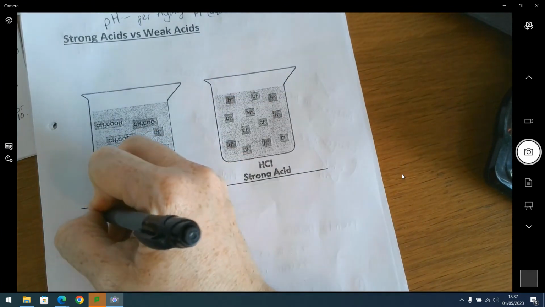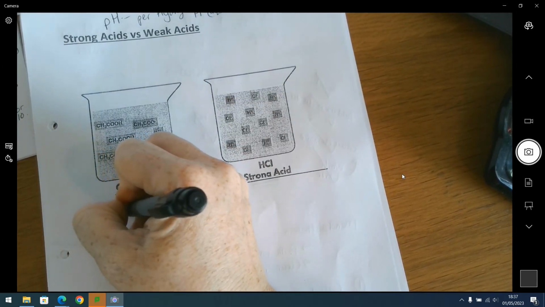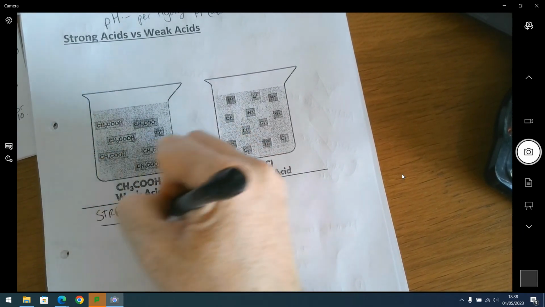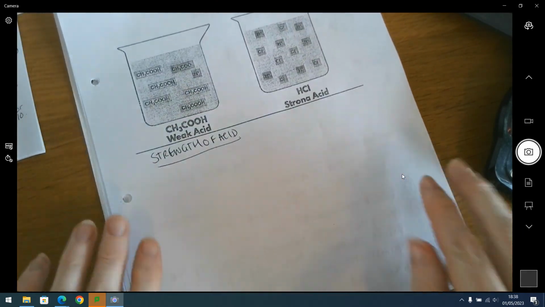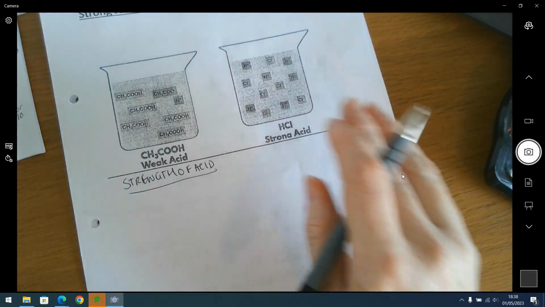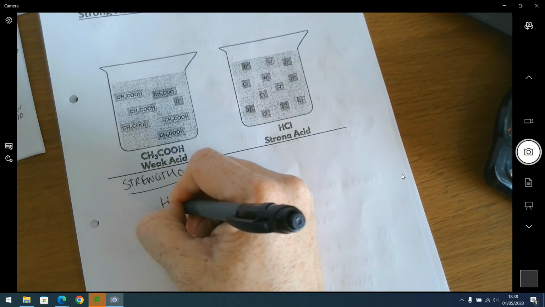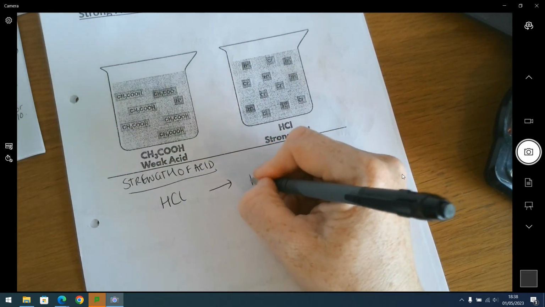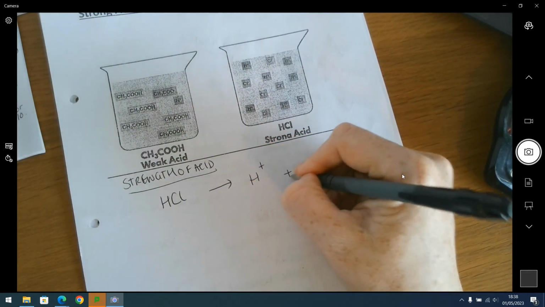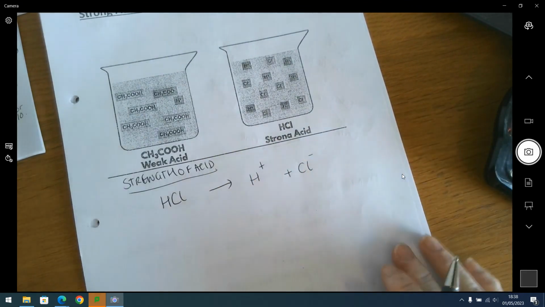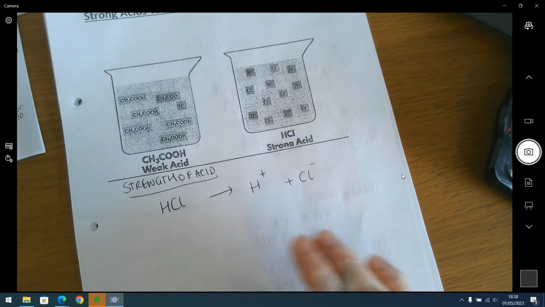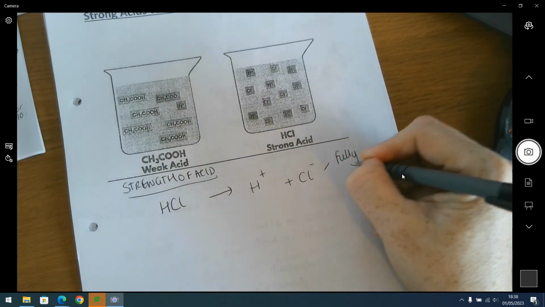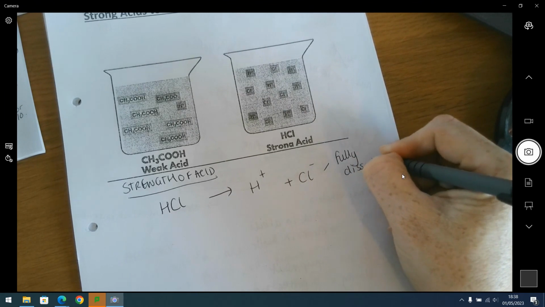So when we're talking about the strength of an acid, what we're actually talking about is hydrogen ions, and I'm going to show you how. In the first example, I've got hydrochloric acid, so HCl. And it breaks down to form our hydrogen ions and our chloride ions. And as you can see in the picture, those hydrogen ions fully dissociate.